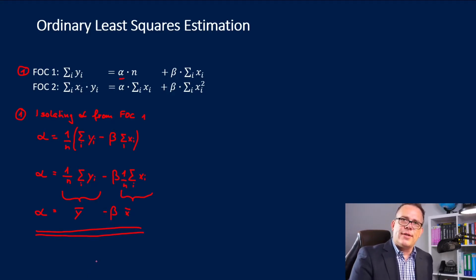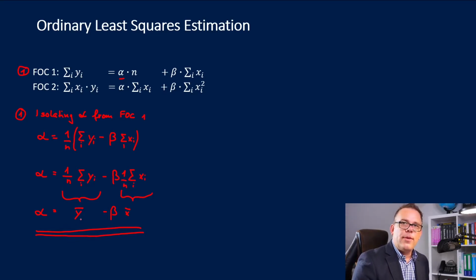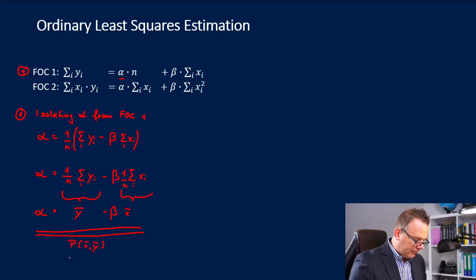And we can learn something from alpha, because we can learn that the regression line goes through the point x bar, epsilon bar. This is what I typically call the center of gravity.